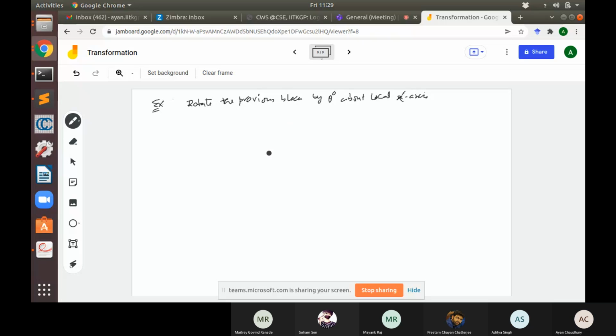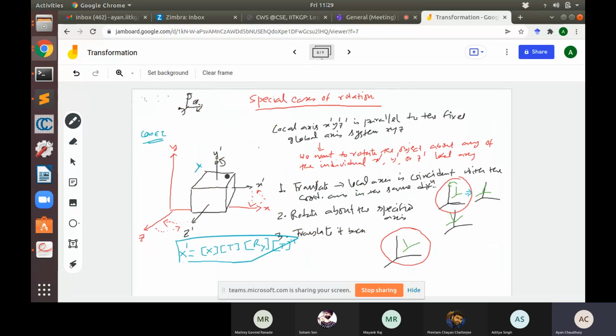Okay. So how to solve this problem? We are trying to rotate it about x prime. Okay. What should be the translation in this case? Right.